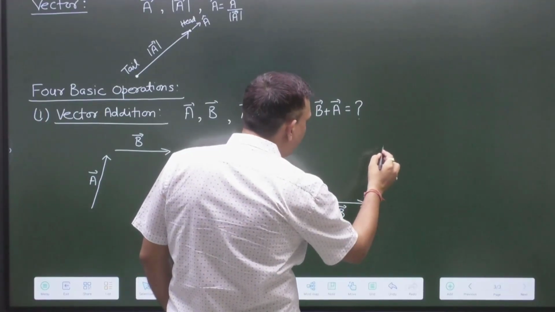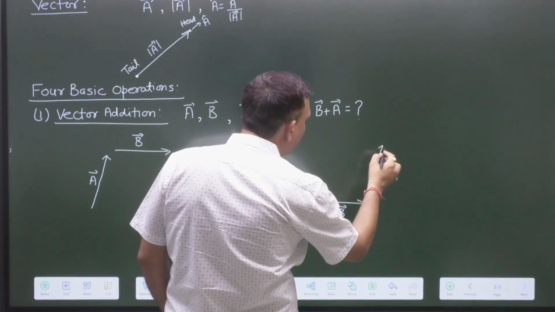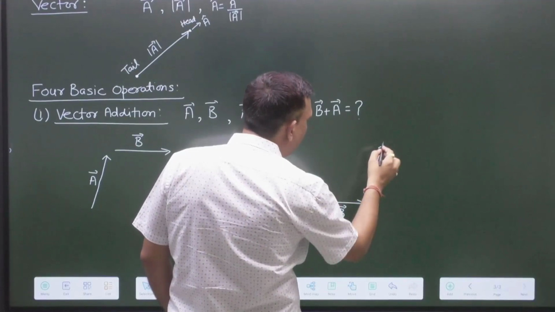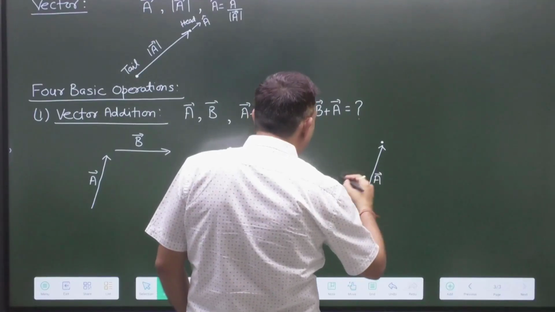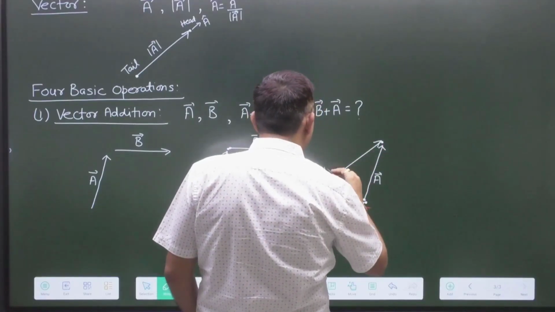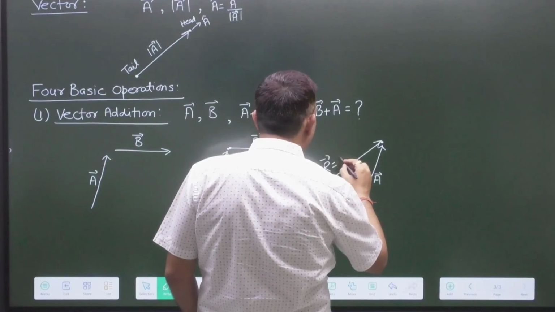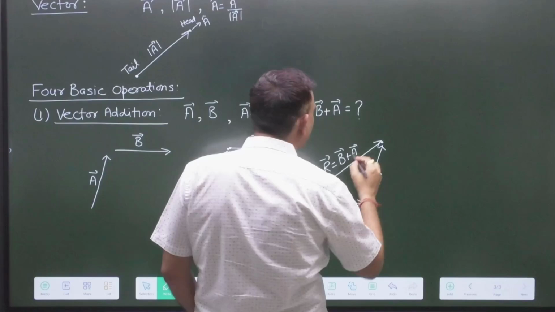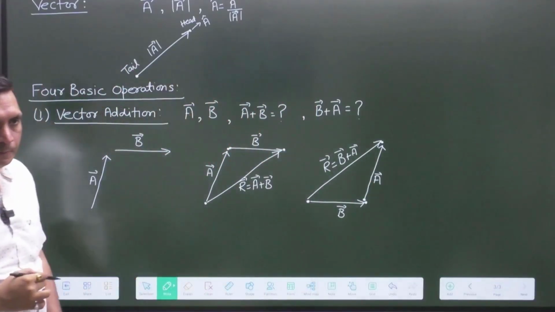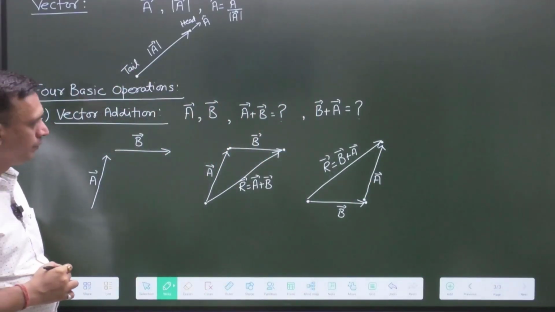And again, you have to place the A vector, tail and head, and then connect this point. So the resultant R will be B plus A. Okay.